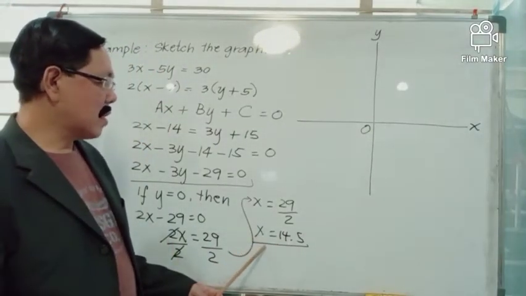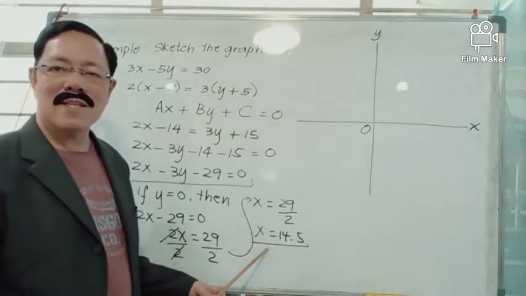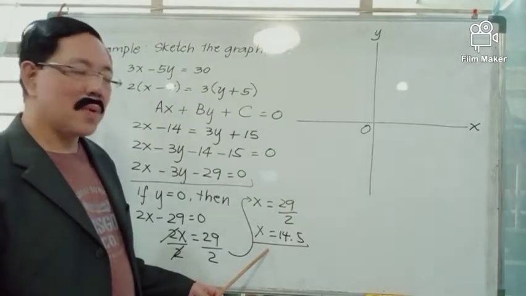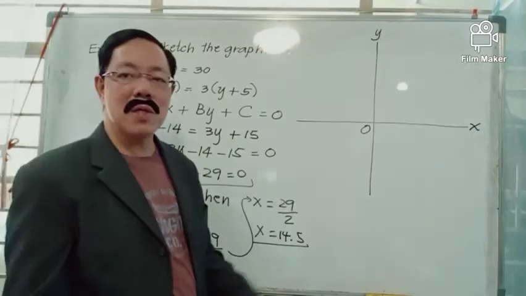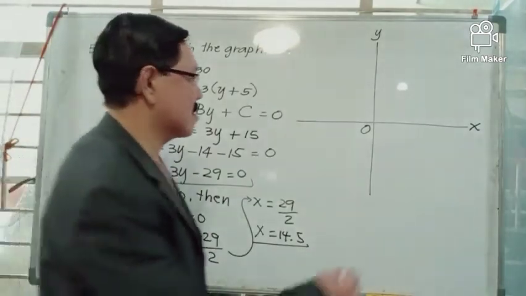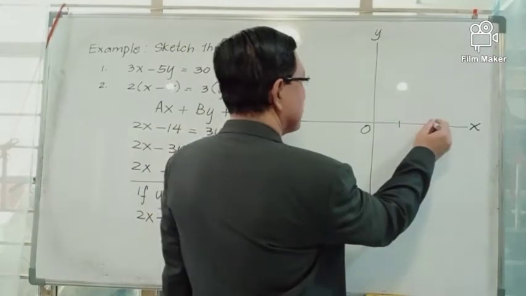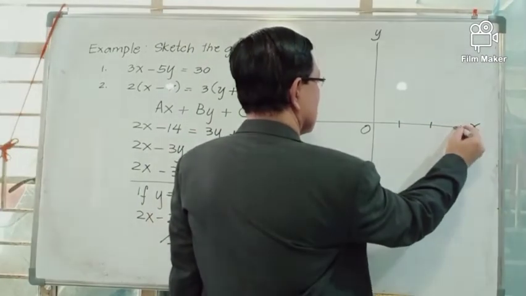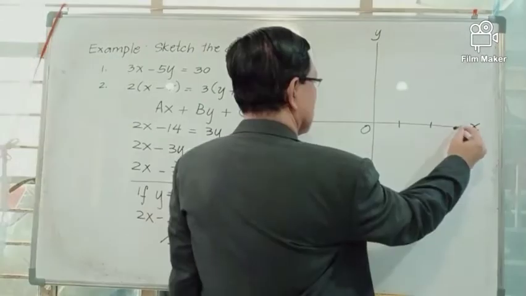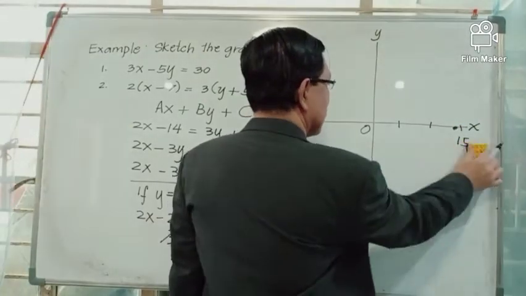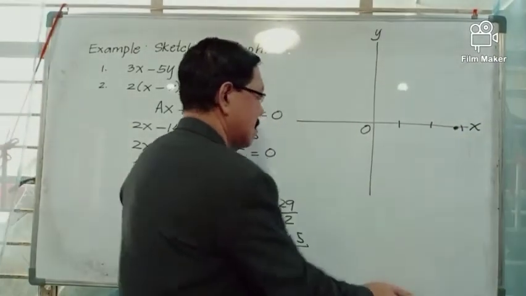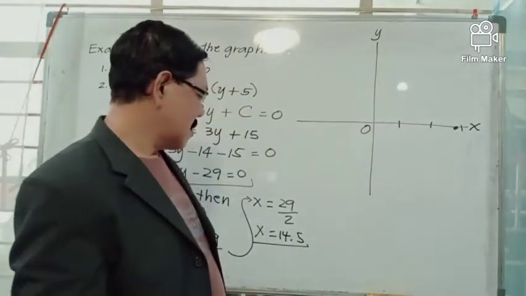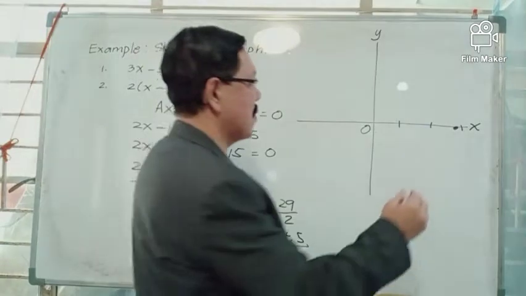This is a point in the x-axis or horizontal axis. We approximate 14.5 from the origin. I will use 5-unit intervals. 5, 10, 15. And this is the approximate value of x, 14.5.